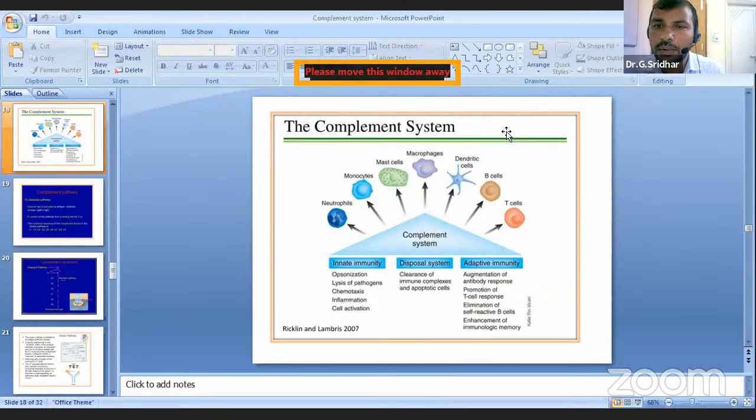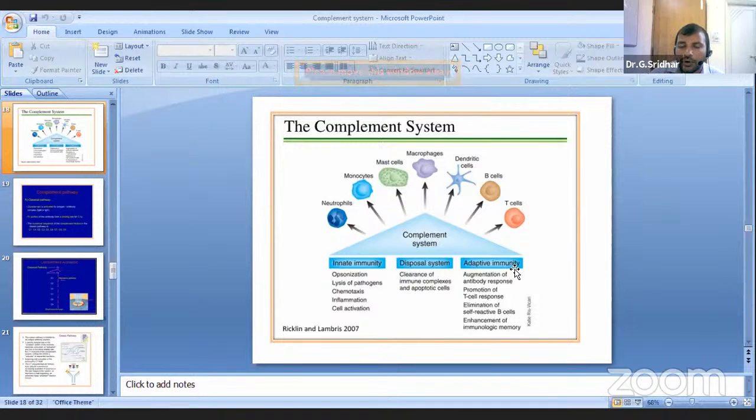You can see here the complement system can expand its roots, because initially the complement proteins solely belonged to the innate immune system. But nowadays we also discuss that the complement proteins are part of the acquired immune system. You see the innate immune properties of the complement proteins: opsonization, lysis of pathogens, chemotaxis, inflammation, the disposal system, clearance of immune complexes and apoptotic cells.